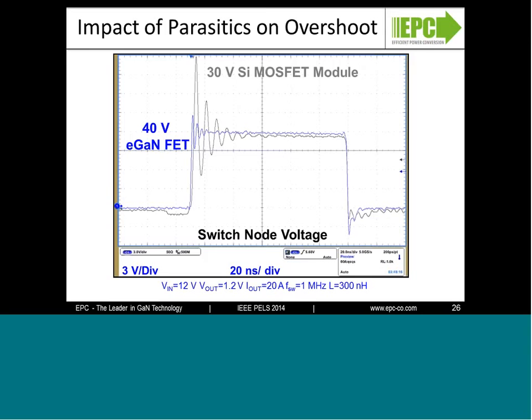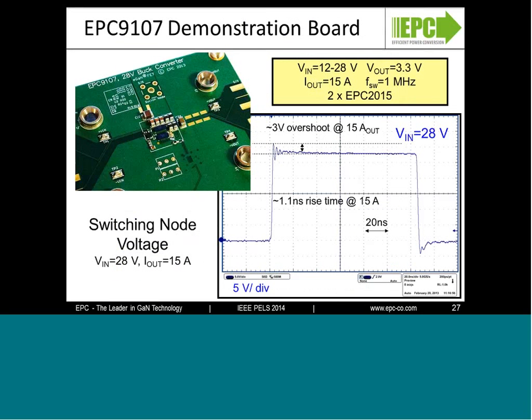And what that's going to allow us to do is further extend the usable range of our device. We're not pushing the limit of a 25-volt device at 12 volts like the silicon MOSFET, and we can actually push our 40-volt device safely up to around a 28-volt input bus.